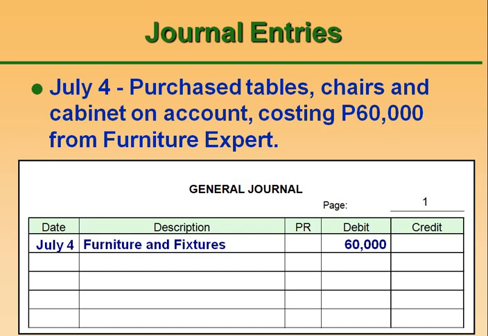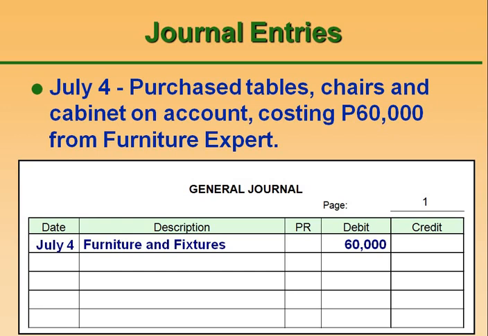In exchange for the furniture, did the business pay cash? No. So, cash did not decrease. So, you cannot credit cash here. When you buy something without paying cash, your liability increases. Right? So, how do we increase a liability? Normal balance, credit.